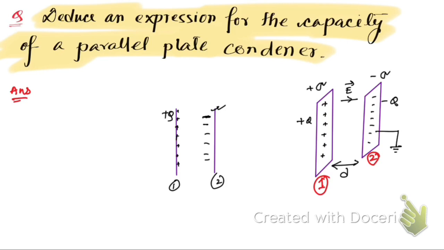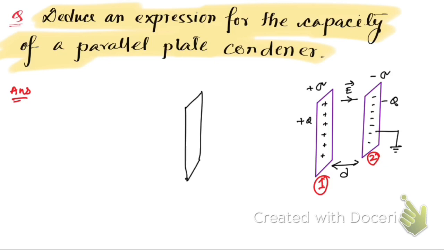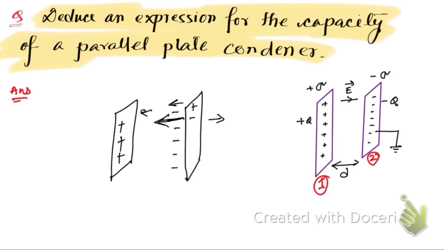Hope you have understood this. Let me explain again. This is a plate, right? It has two faces: face 1 facing towards this side and the other facing that side. If you give positive charge to this plate, then the face facing towards this plate will be negatively charged. Negative charge will be induced here, and the other side will be positively charged.